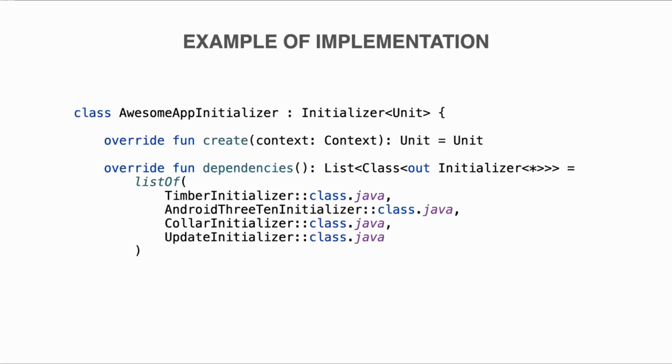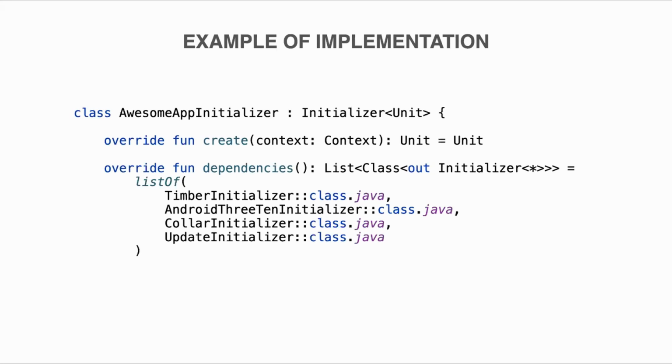Now, the question I've been asked most often is what comes first, what will initialize first. If you look at this example in order, Timber initializer will initialize first, then Android 3.10, color, update, basically all in order. And then after they're done, the awesome app initializer will initialize and finish the process of initialization in your application.